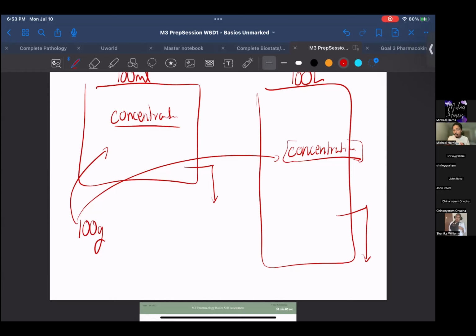That's your goal, to have in equal to out. When in equals out, you're good. That's your maintenance dosing. Okay? Does that make sense?